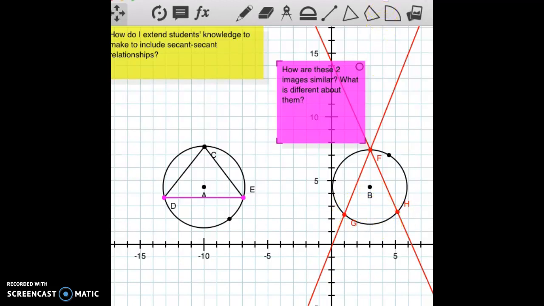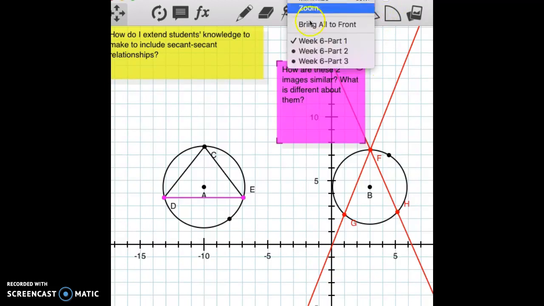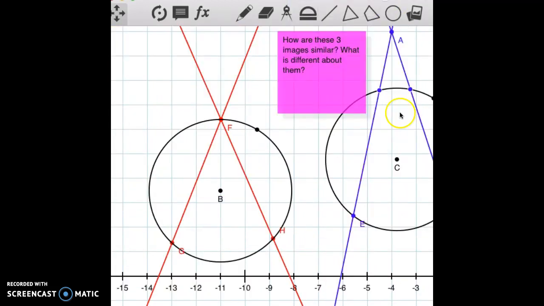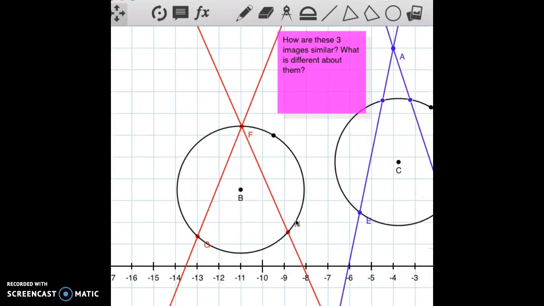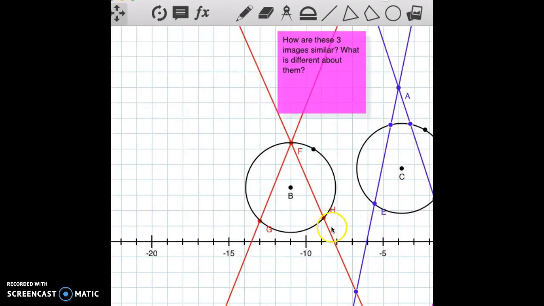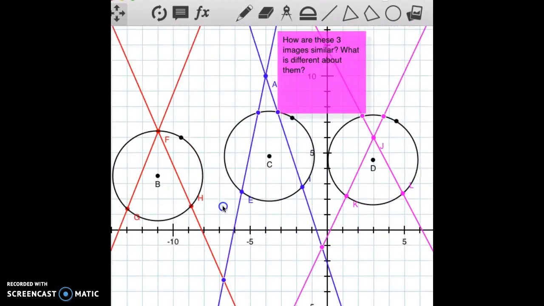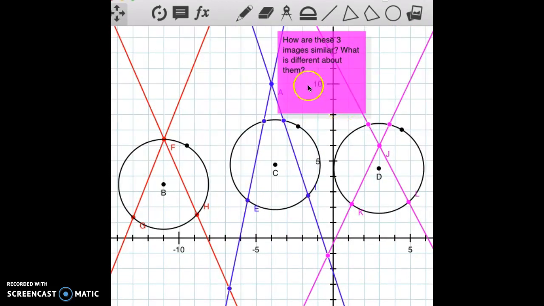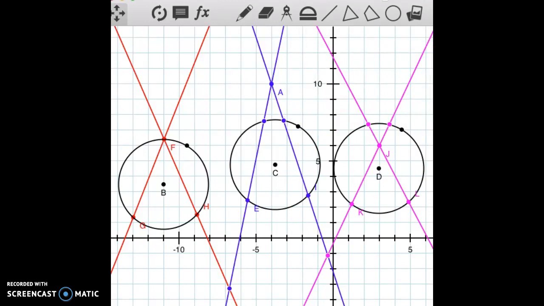So then if we look at all three of the angles, what is similar and different about all three? And what do they notice is different about all three? And that will lead to the discussion.